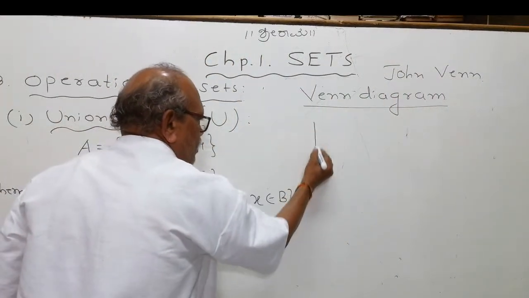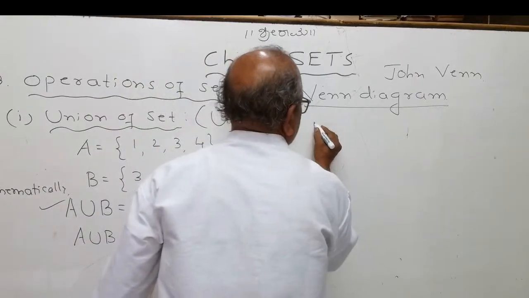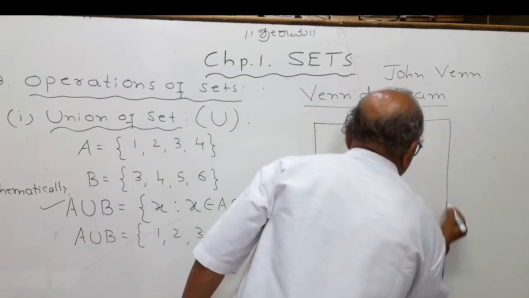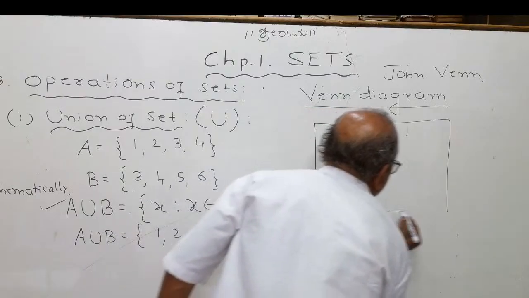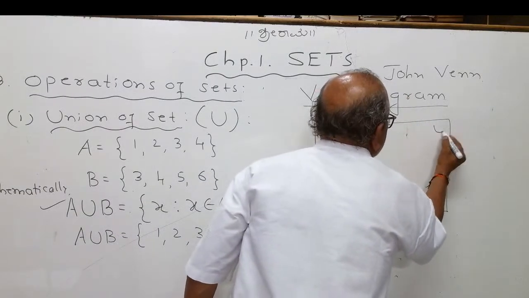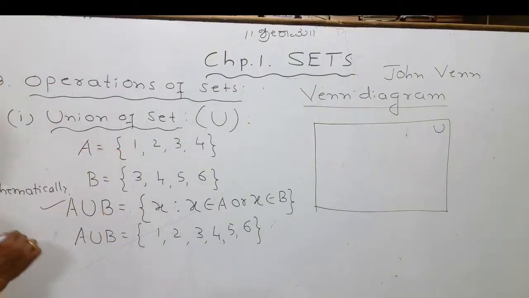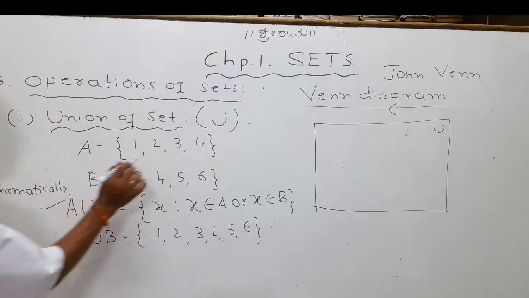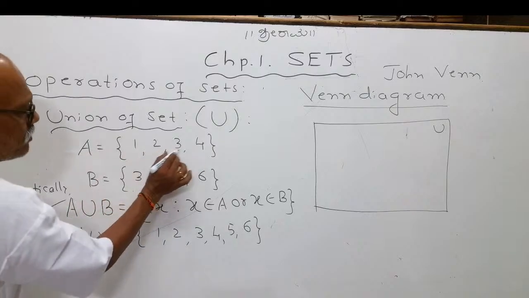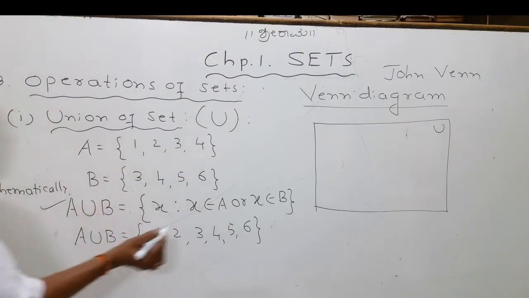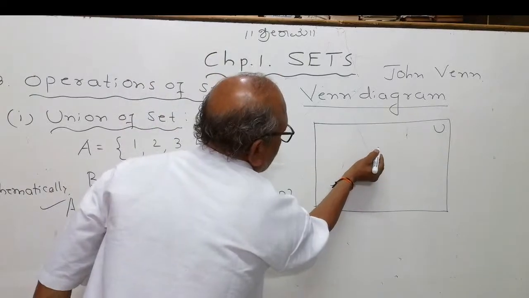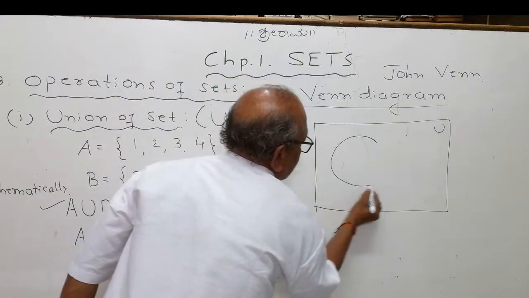Generally, a Venn diagram consists of a square like this. This square corresponds to the universal set, meaning the big set. In this, each set A and B is represented by a circle. Observe that A and B have some common elements, 3 and 4. Therefore, this can be represented by drawing intersecting circles.